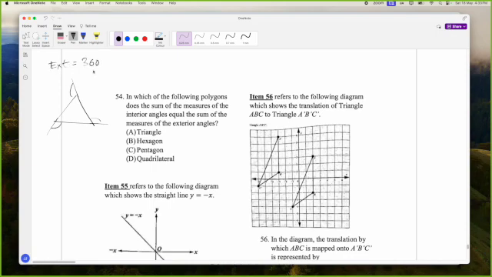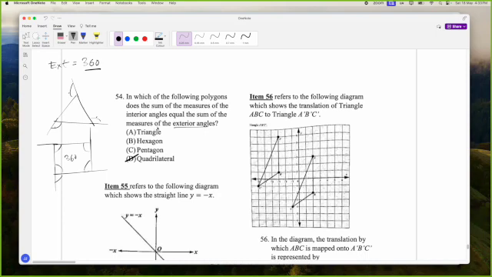Even if you have a 20-sided polygon, the exterior angles will always add up to 360. But the only polygon where the interior angles add up to 360 is your quadrilateral. So the quadrilateral is the only polygon where the interior angles will be 360 and the exterior angles will be 360. And so the interior angles are equal to the exterior angles.